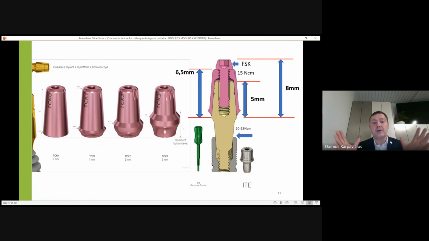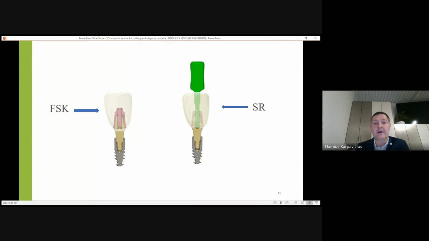Then you receive a much more physiological outcome of the prosthetic solution, of the prosthetic construction.